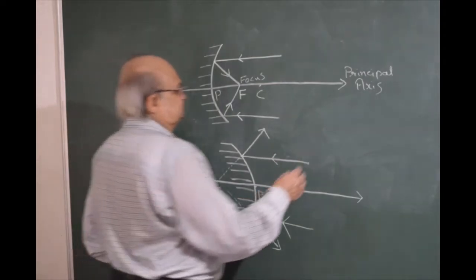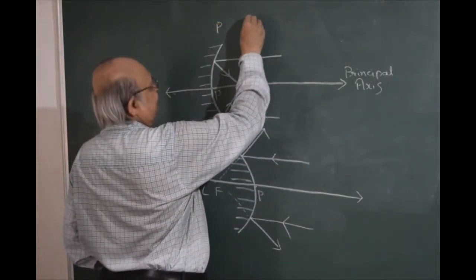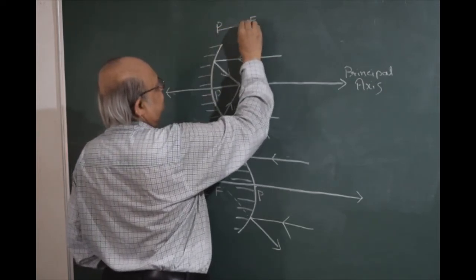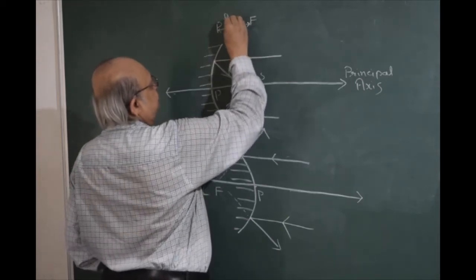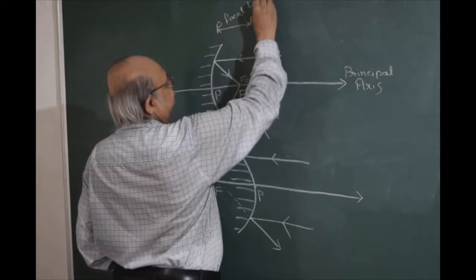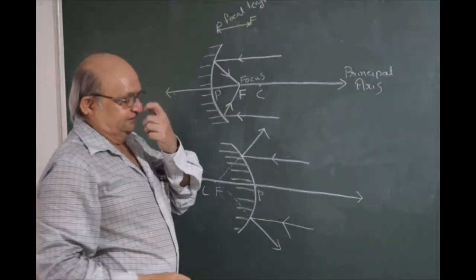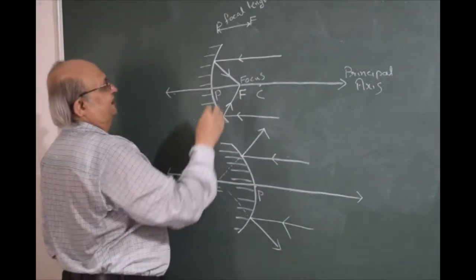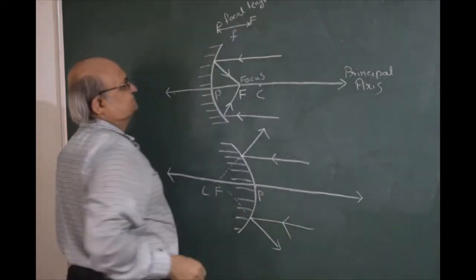The distance between the pole and the principal focus is called the focal length and is denoted by small f.